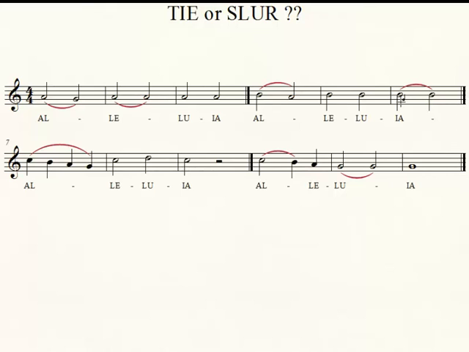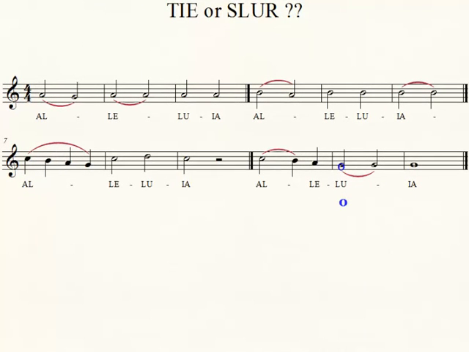And that would be an example of how tie and slur would appear on a real hymnal. As you notice, instead of writing this tie with the lu, we could have written just simply a whole note. That is possible. So let's erase this and write a whole note.